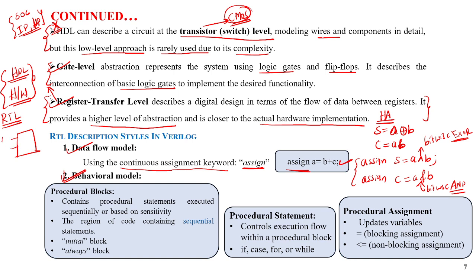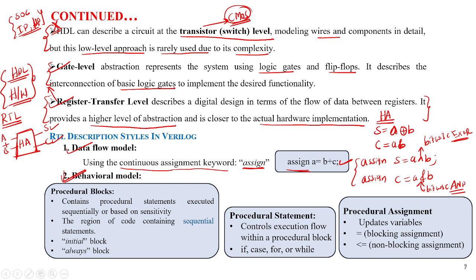It takes A and B, adds these two elements, and gives sum and carry. I will not bother about the internal circuit. I will only write the behavioral modeling, that is, the behavior of the circuit.